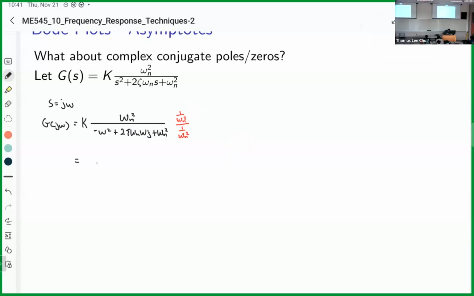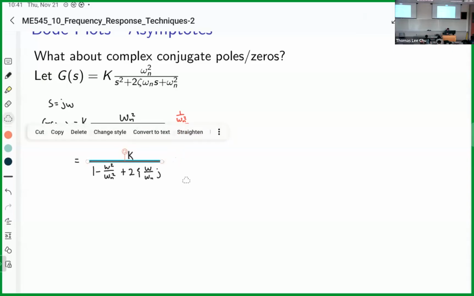So now we get K divided by 1 minus omega squared divided by omega n squared, so this is the real part, plus 2 zeta omega over omega n times j. And this is the imaginary part of the denominator.